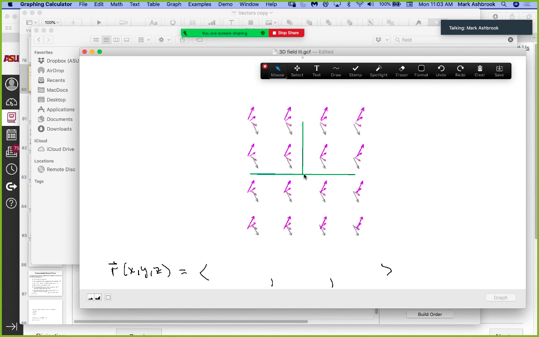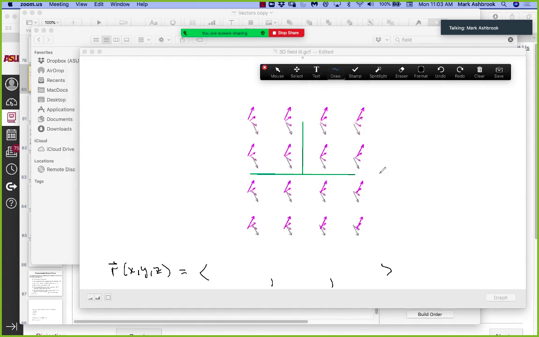And then they turn more gray as you go in the negative X direction, away into your screen. So this is Y and this is Z. The brightest pink ones, the ones pointing up the most, have the greatest X value. And the most grayish have the least X value, or the most negative X value.